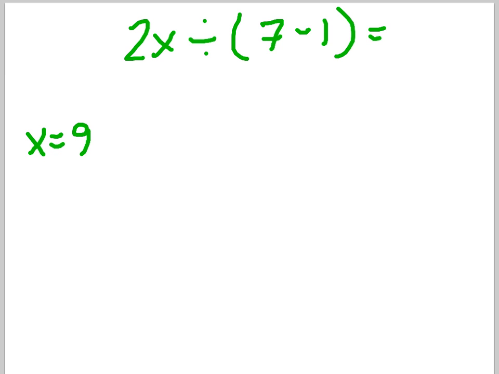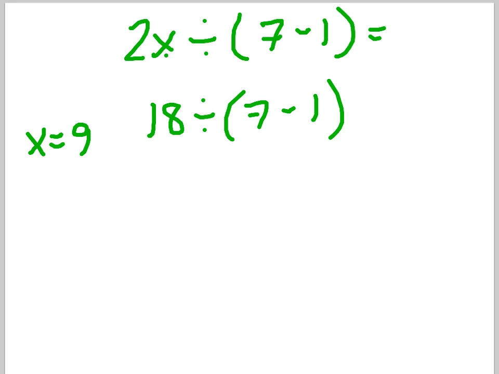So looking at this, first of all, how is evaluating this algebraic expression different from simplifying the numerical expression? Basically you have to substitute or solve for the algebra first, and then you go through all the steps. So here we're going to take the 9, substitute it for that x first, which is going to get us 18. And then we'll go ahead and fill in the rest here.